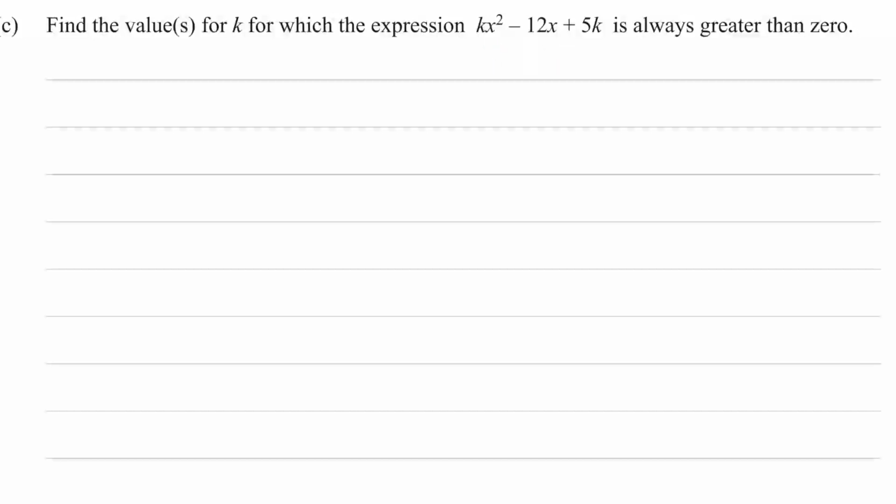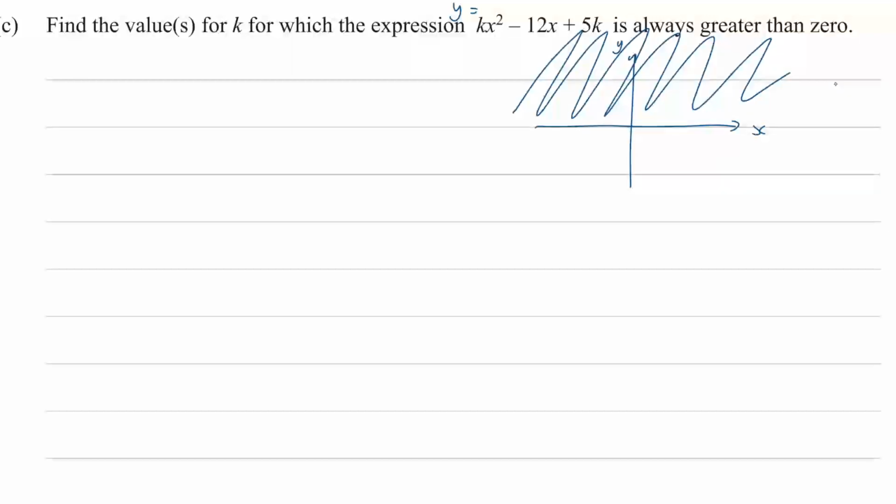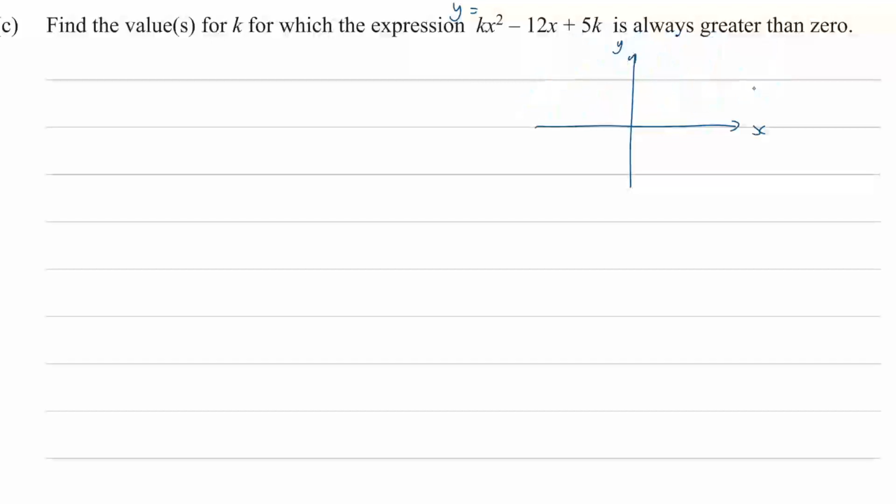Right, so graphically, we have our x-axis. Let's say that this is equal to y. For it to always be greater than 0, regardless of the input x, it's saying that it stays in the top half of our xy plane, above the x-axis. So for a quadratic, that could look like this. Could it look like this?